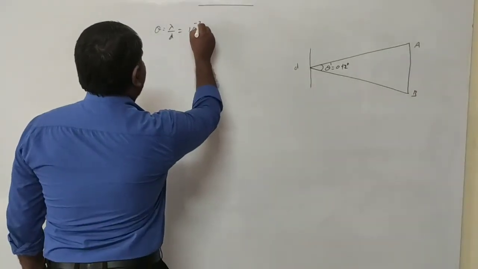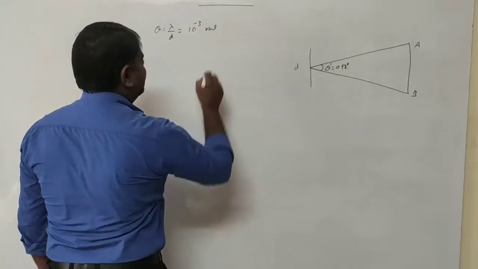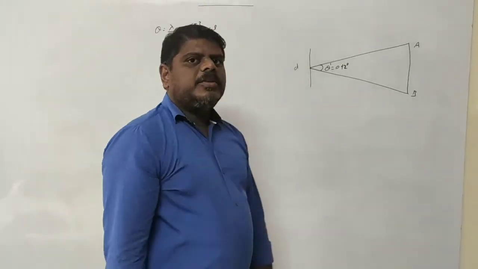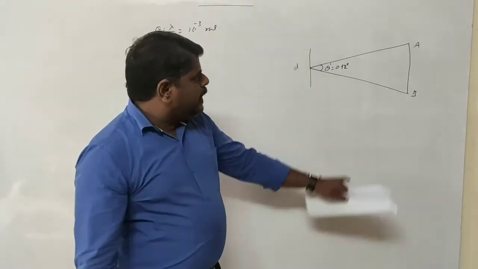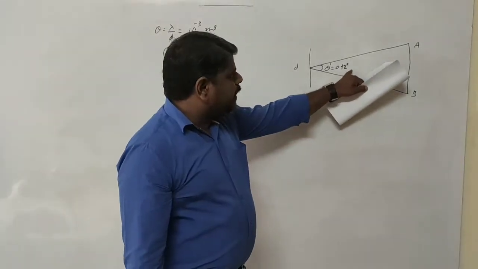10 to the power of minus 3, it will be in radians. So always remember that whenever you have to find out the distances, you need to convert the degrees into radians. Here theta dash is given as 0.12 degrees.